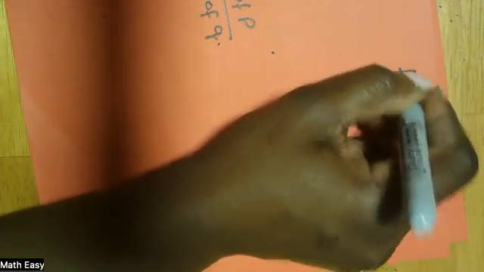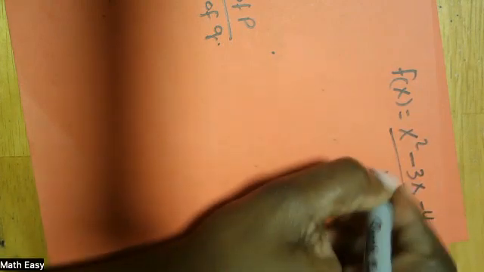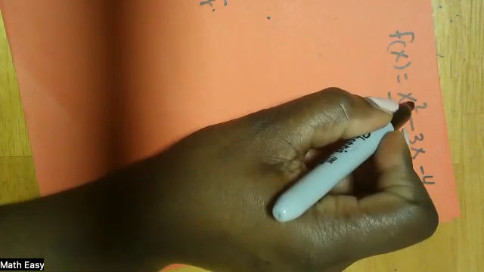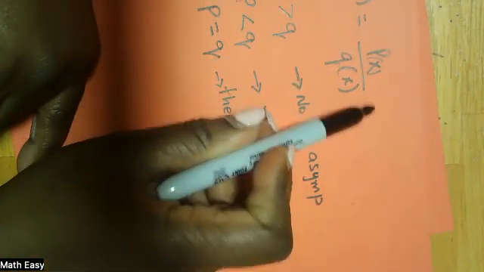So f of x is equal to x squared minus 3x minus 4 over x. Again, we're going to check on our degree. Remember, the degree is your exponent. Your exponent on the p is the part above, q is the part below.